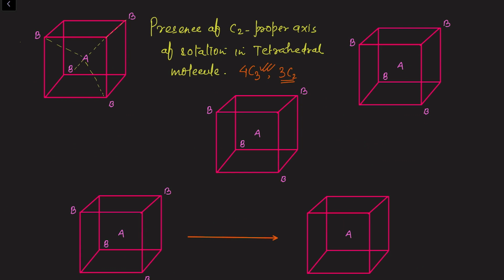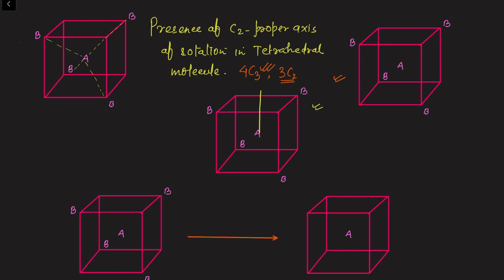When you observe this cube very closely, you will find there are 3 C2 proper axes of rotation present, right?